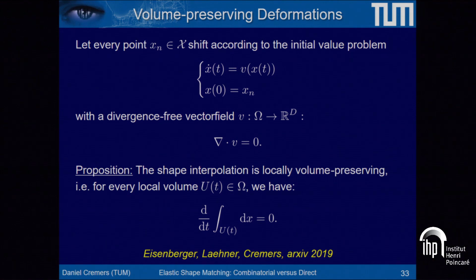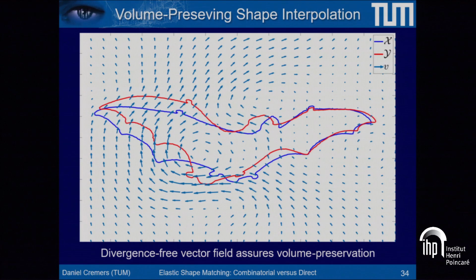And so this is not only the overall volume of the two shapes that we're given, but it's also the local volume. So if I move my arm, then even locally each finger should preserve the same volume in the whole family of intermediate shapes. And so we're looking for vector fields. Here's a visualization in 2D. Let's say you have two bats, the red and the blue one.